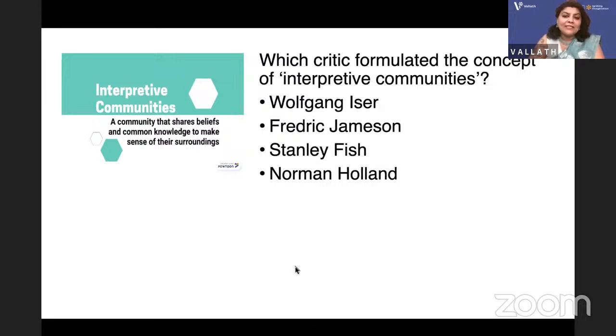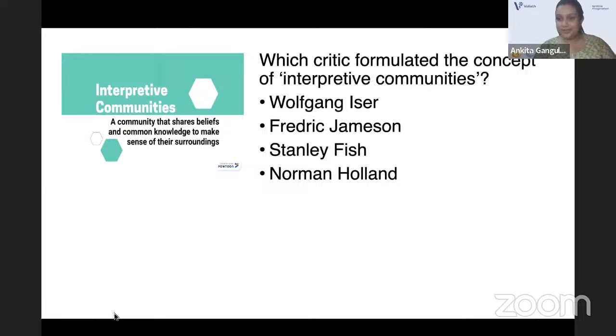Which critic formulated the concept of interpretive communities? There are 2 concepts that this critic talked about. One is affective stylistics. The other is interpretive communities. Can you read the options, Ankita? Wolfgang Iser, Fredric Jameson, Stanley Fish, or Norman Holland?